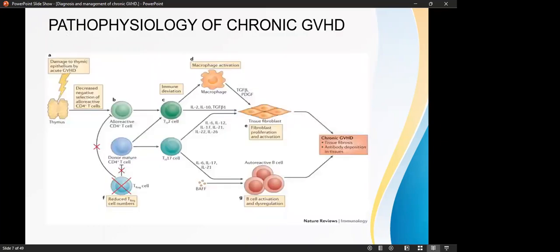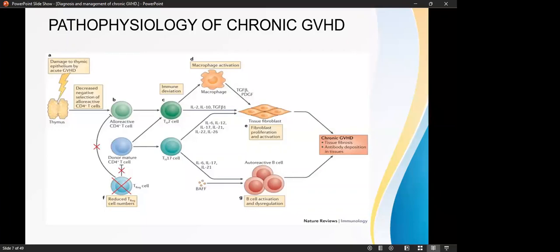This diagram shows that due to the damage of thymic epithelial cells, chronic GVHD manifestations occur.